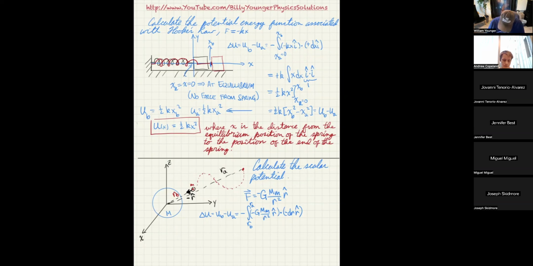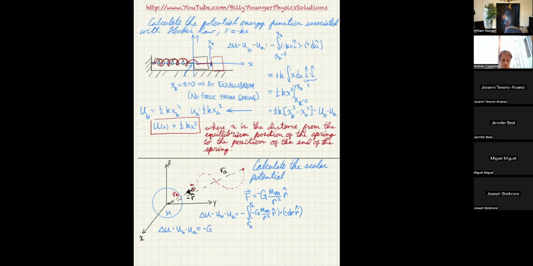So now we're ready to do this. Notice I have a negative times a negative in the integral, and then I have a negative out in front. The two negatives in the integral, we can imagine them canceling each other out and just leave an integral at the end. So now I'm going to say delta U, which again is UB minus UA, is equal to, I'm going to pull out all the constants, including that negative that we talked about.